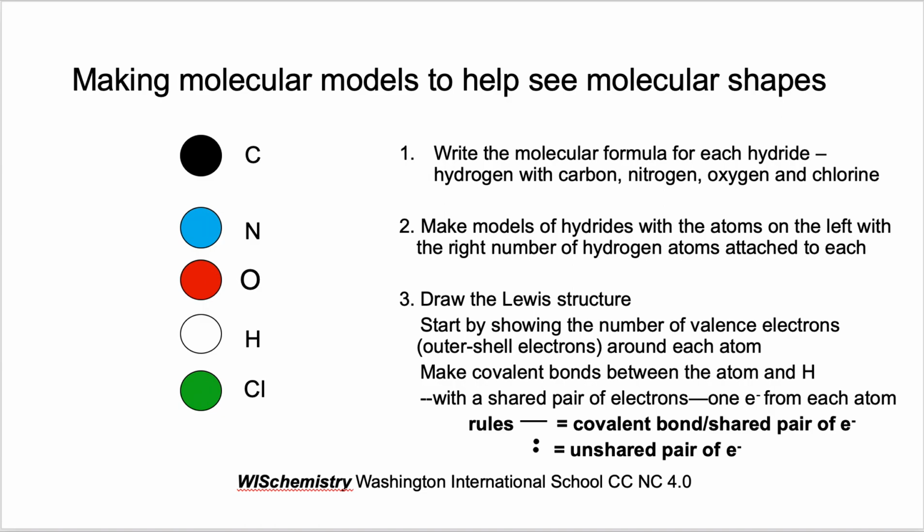We're going to draw the Lewis structure using the number of valence electrons around each of the contributing atoms, and put covalent bonds between the atom and hydrogen, with a shared pair of electrons in the covalent bond, one from each of the contributory atoms.